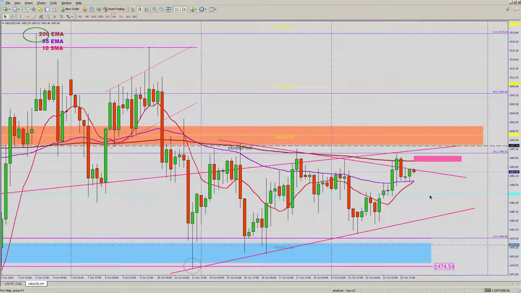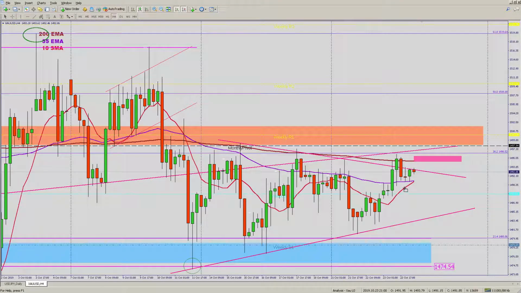So the weekly pivot is right in the center of this triangle apex that price is narrowing into. We'll see whether there's enough bullish momentum to carry it higher, or it's going to break below the 55 period EMA, and then the weekly pivot towards the lower trend line of the triangle.